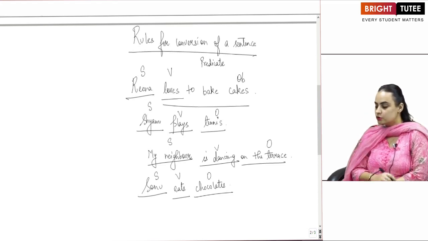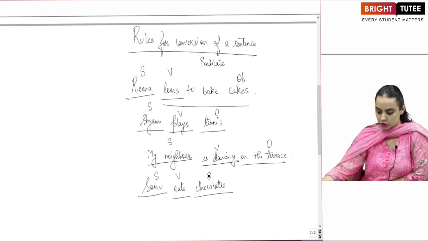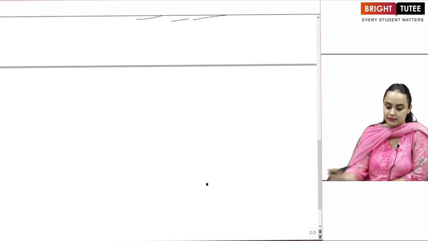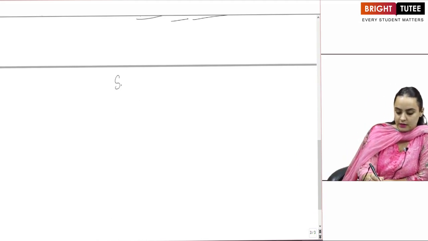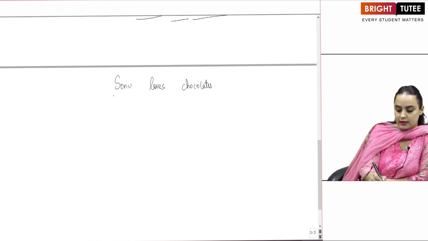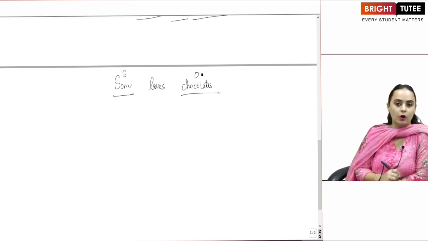Now, when we talk about the conversion, the first thing that we have to remember is, if I take the last example that we had written, Sonu loves chocolates. Like I told you, Sonu is the subject, chocolate is the object.